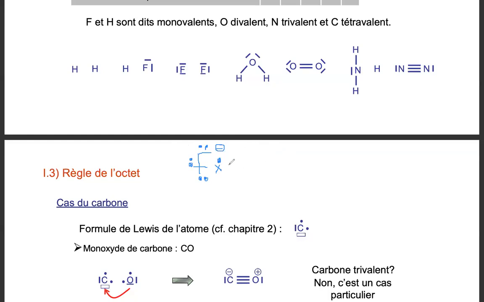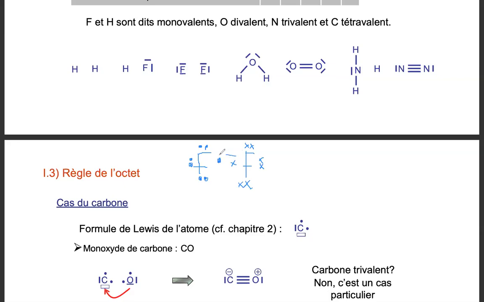So in the case where fluorine wants to form a covalent bond, what happens? You have a star there, another star there, so we have 1 electron like that.